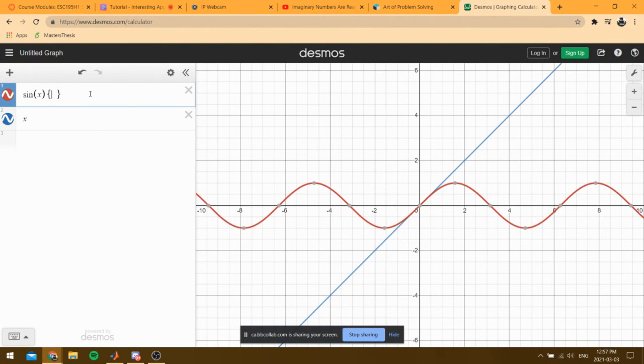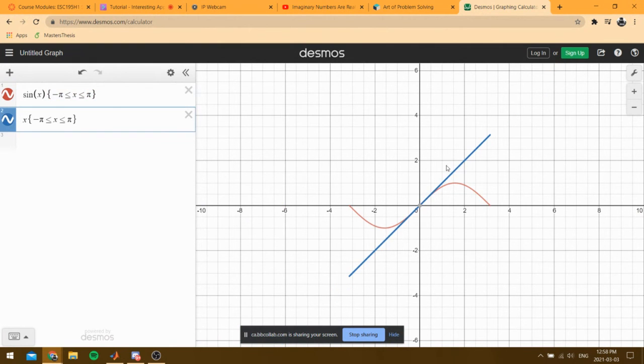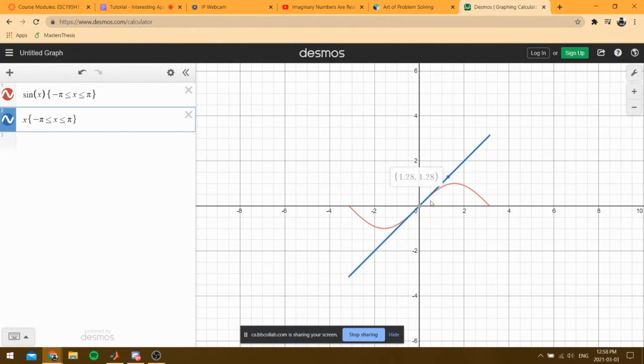The range of values we care about are between negative pi and pi, because anything beyond this, you could just divide by pi and take the remainder. You can see that this is not a good approximation of a sine wave for large values of x.